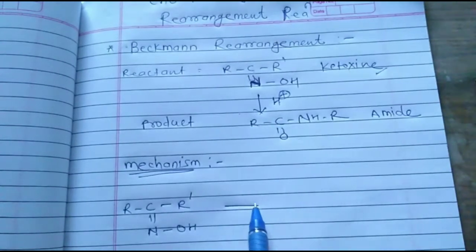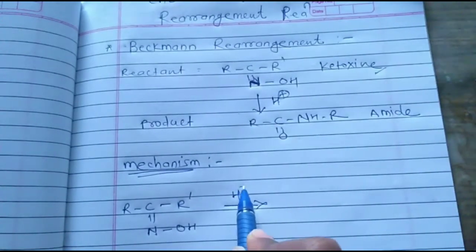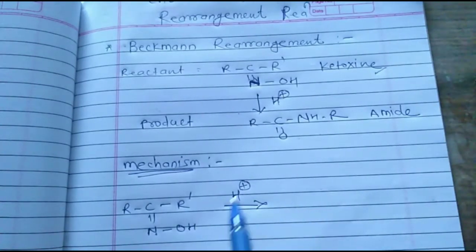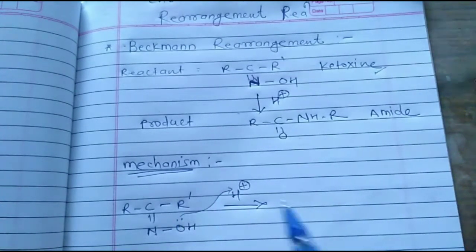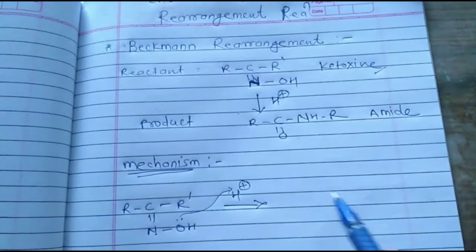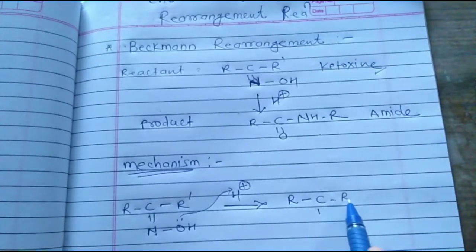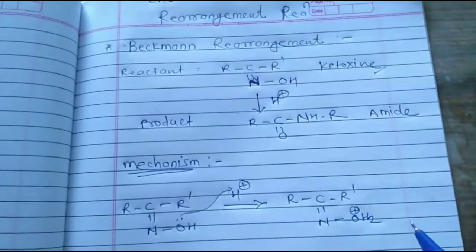This is an acid catalyzed reaction, that means it reacts with any acid, that is H2SO4, HCl, the acyl halide, anhydride, etc. Then this acid is attracted by the lone pair of the oxygen, and there is a formation of the compound R, C, R dash, double bond N, with OH2 plus.